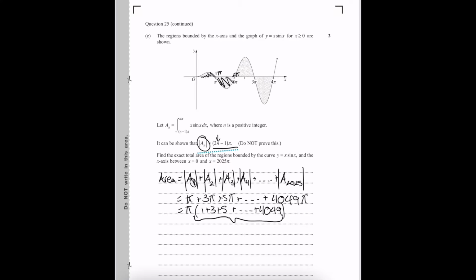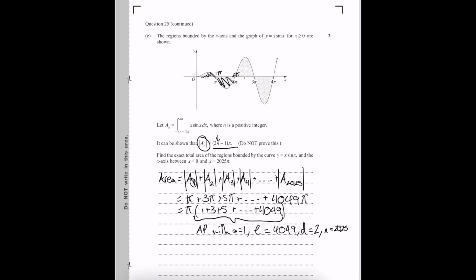So this is an AP, an arithmetic progression, with a equals 1, the last number equal 4049. We've got the difference equal to 2, and we've got the number of terms n equal to 2025.